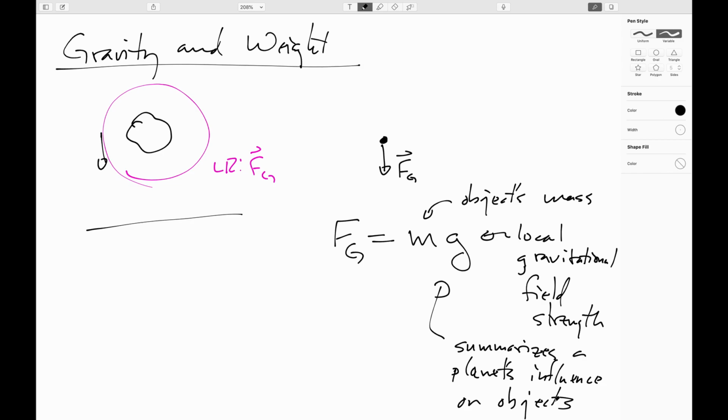This depends on many things. It depends on the mass of the planet. It depends on how far away you are from the center of the planet and so forth.